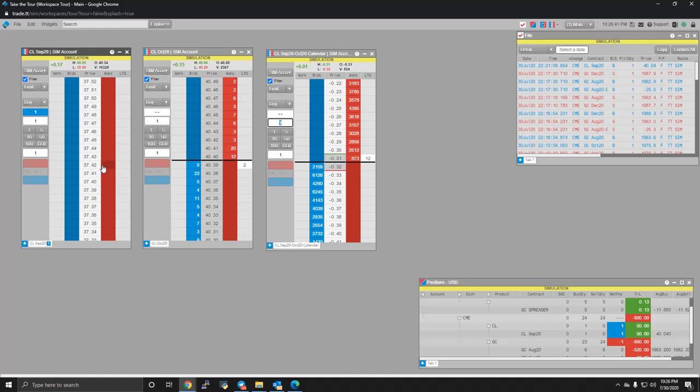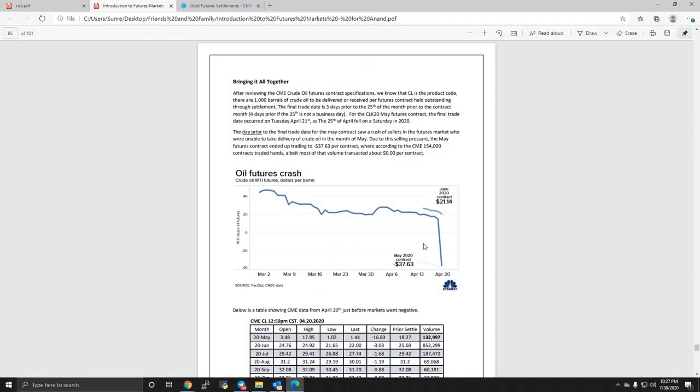There's just people who are long looking for a buyer, and there's no buyer anywhere. So, where do you have to go in the market? Where will someone buy your long contract from you to get flat? And so the traders just kept chasing and chasing and chasing, looking for bids. There were none. So that's how a market goes negative.